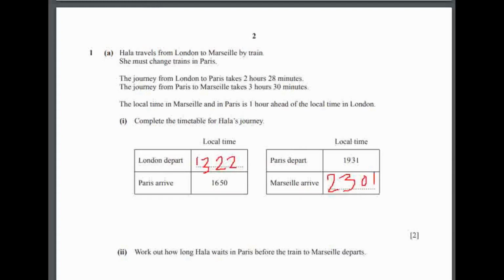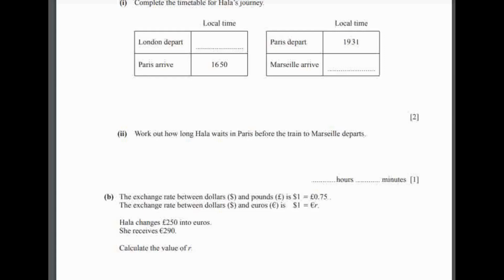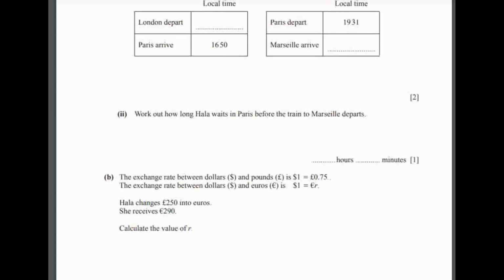That's it. Next is: work out how long Hala waits in Paris before the train to Marseille departs. She arrives in Paris at 1650 and the train departs from Paris at 1931. So from 1650 to 1931 she was waiting. In order to find that waiting time, we have to subtract 1650 from 1931.